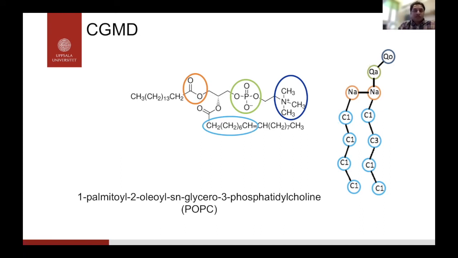We use CGMD simulations very frequently in our research, mostly because we gain a lot in the time scale and the length scale. But one of the key issues whenever you perform CGMD simulation is that you first need to really validate your molecules.